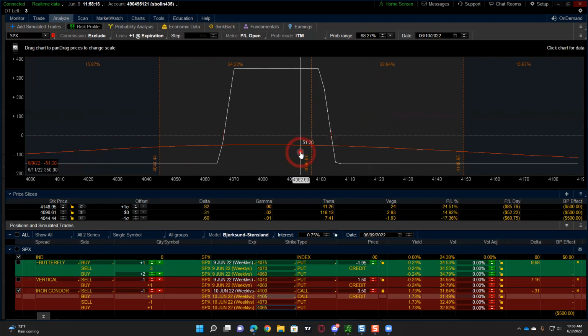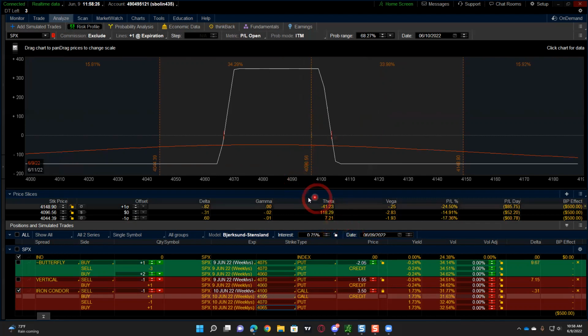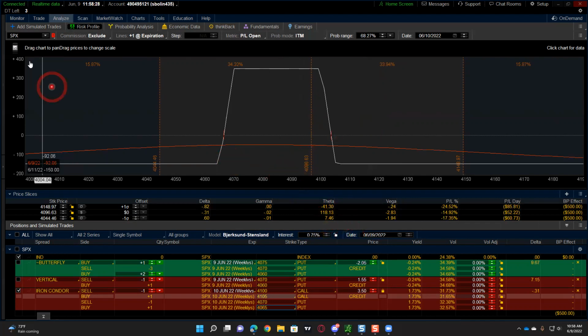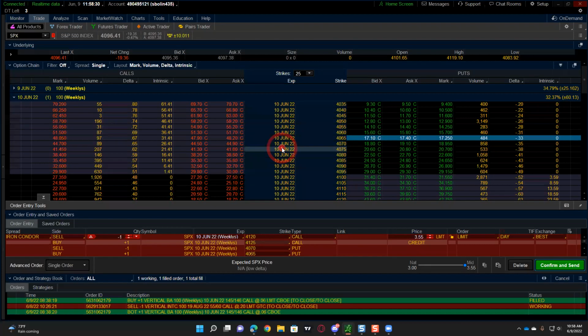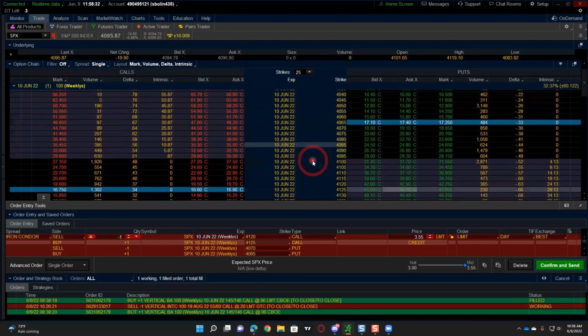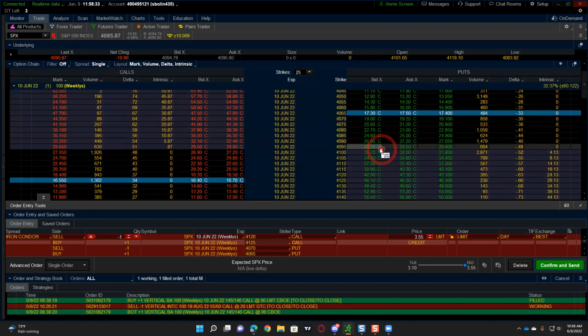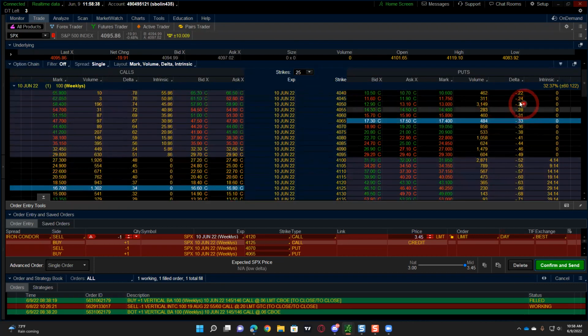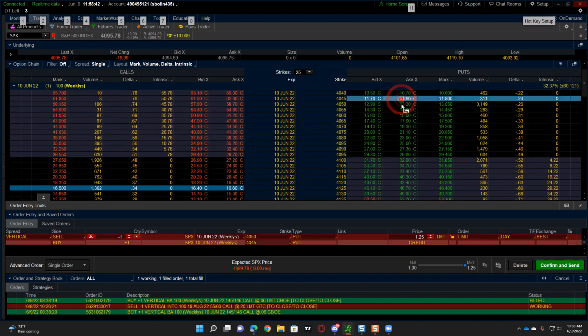And although we're using the 25 delta on the put side, there is an argument to be made for, should you also do it on the call side? Or should you count how far out you went on the put side and go equally far out on the call side? So counting strikes, if we look at where the 25 delta is, that would put us at 4050 and 4045.